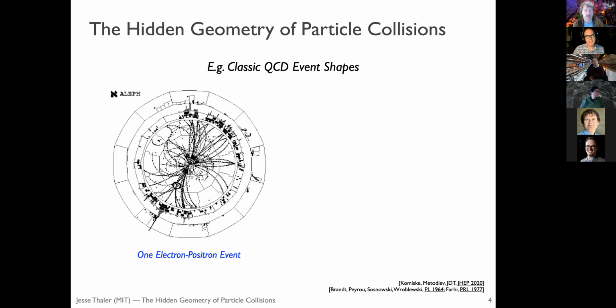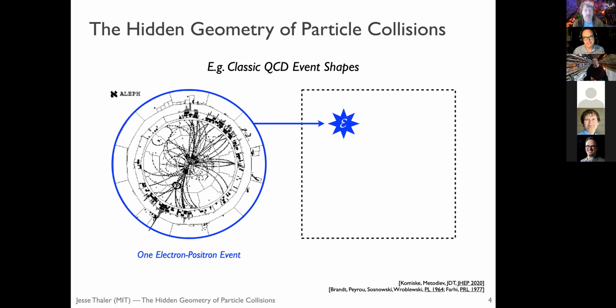And what we're going to do is we're going to take that one event and we're going to summarize it as a single point in an abstract emergent geometry. And then once you have an emergent geometry, you can start to ask different types of questions than you normally would in particle physics. For example, you can talk about manifolds.